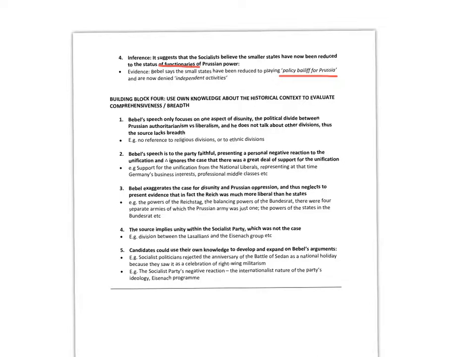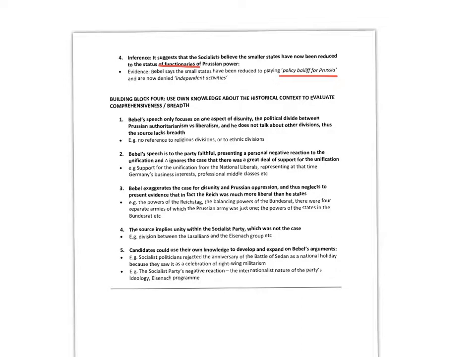Okay, so you've written 3 main paragraphs so far. You've done provenance, you've done a building block about the first inquiry, which you probably split into 2, because it's saying how far, evidence for unity, evidence for division, and then you've done a building block about the second inquiry, which is about the reaction to the unification.